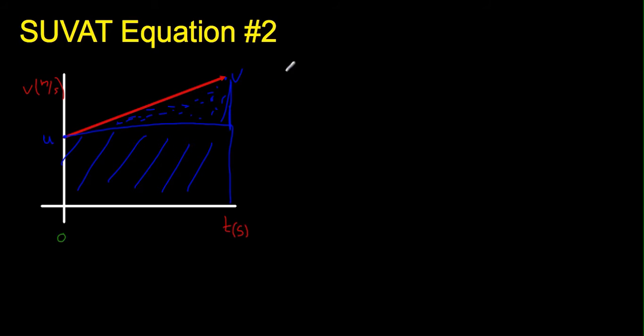We already said that the area is going to equal the distance, which is s for our variables. So s is going to equal the area of our rectangle, which will simply be base times height from what we said before, plus the area of this triangle, which is 1/2 base times height.